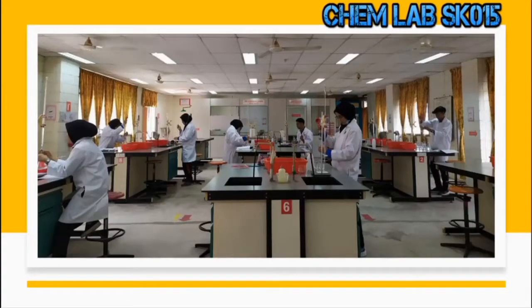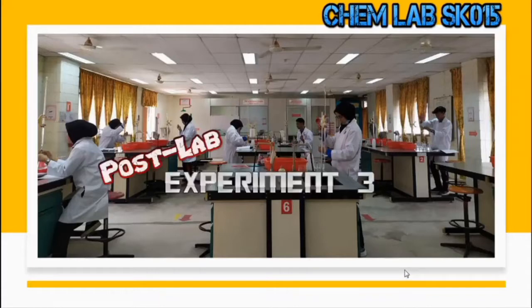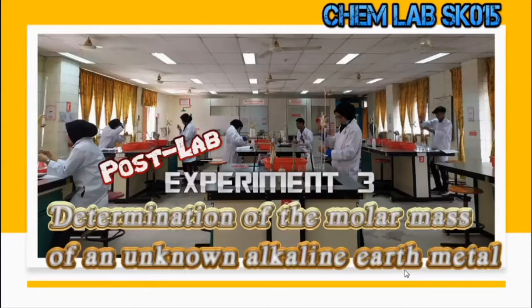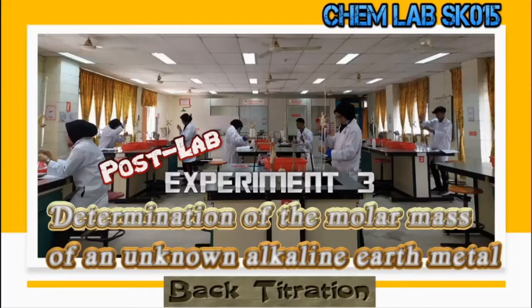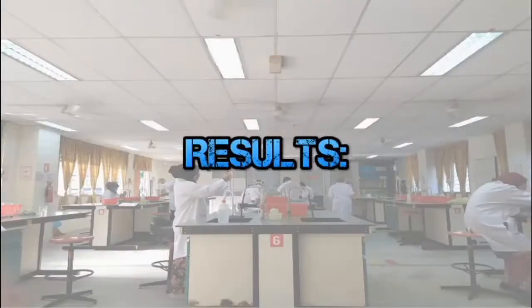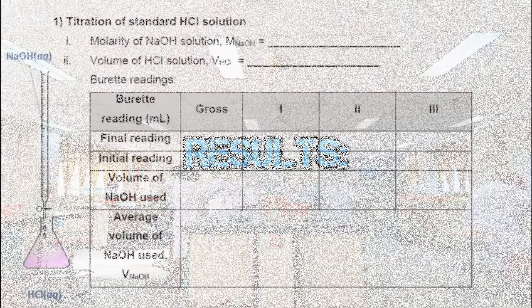Okay, so in this video we are going to do the post lab for your experiment 3, determination of the molar mass of an unknown alkaline earth metal using back titration. As usual, let's look at the results.